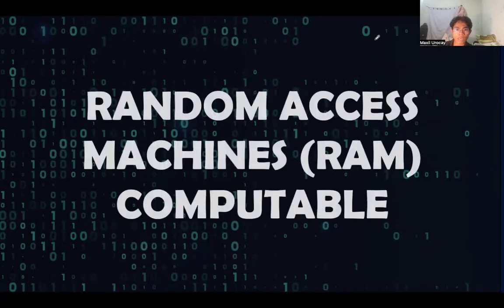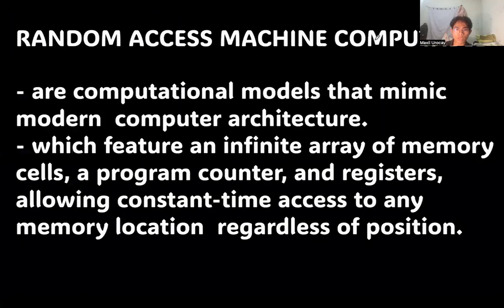When we say RAM, just to give an idea, it is a computational model that mimics modern computer architecture, which features an infinite array of memory cells, a program counter and registers, allowing constant time access to any memory location regardless of position.